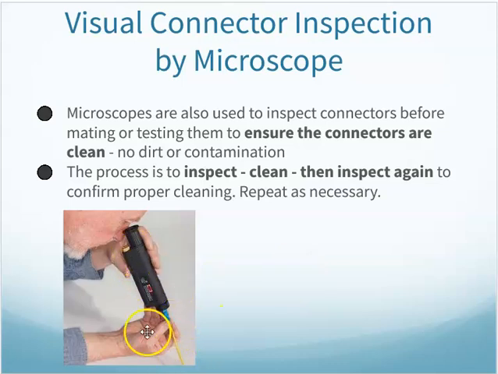This is a type of fiber optic microscope. I bring the cable into the end here, and this eyepiece up here is just what you would think of as a microscope. I can adjust the focus, and there usually is a light switch on the side to light the fiber either internally or light the ferrule. Make sure it's clean before you plug it in.